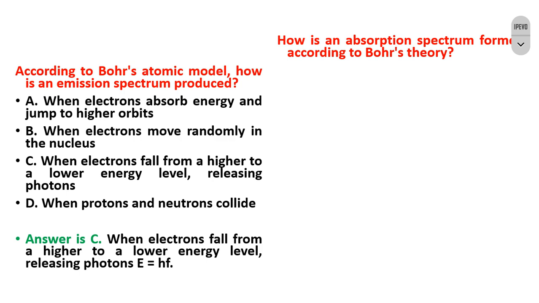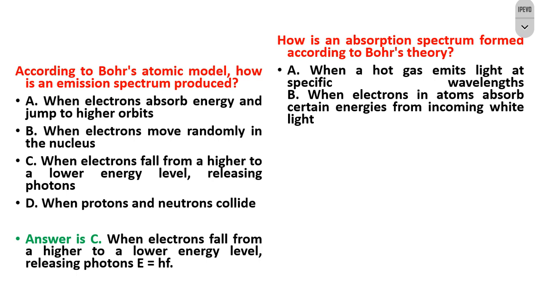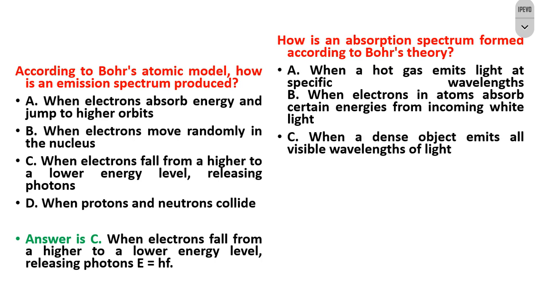And lastly, we'll look at this. How is an absorption spectrum formed according to Bohr's theory? A. When a hot gas emits light at specific wavelengths. B. When electrons in atoms absorb certain energies from incoming white light. C. When a dense object emits all visible wavelengths of light.